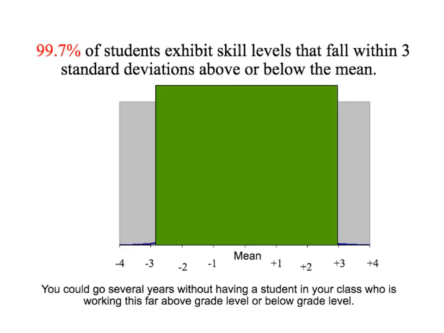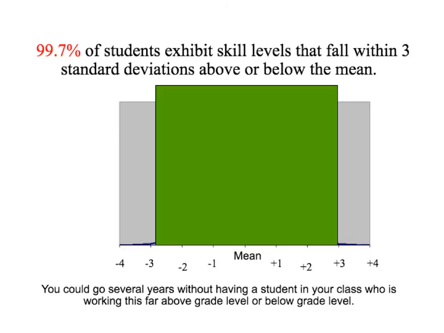To continue, just using the percentages from the normal distribution, 99.7% of students exhibit skill levels that fall within 3 standard deviations above or below the mean. So what we were saying before was 96, and now we're up to 99.7.